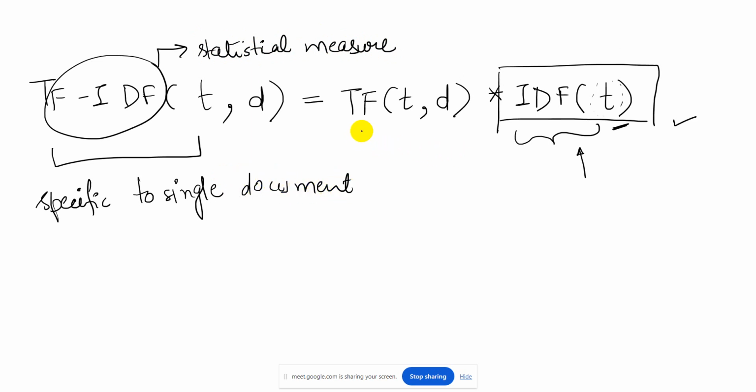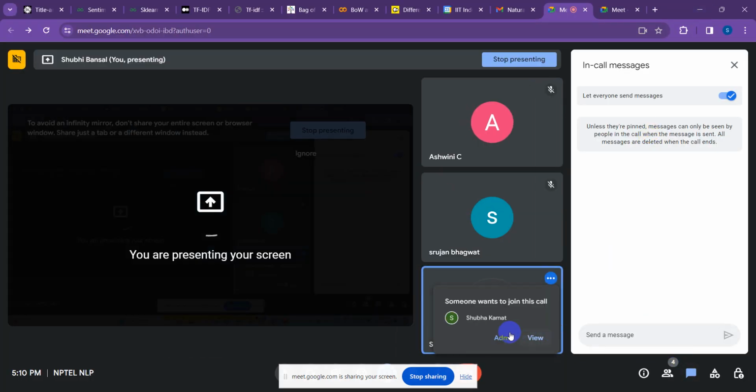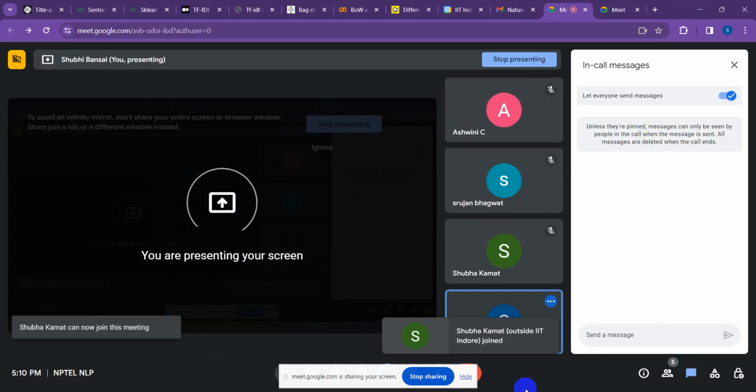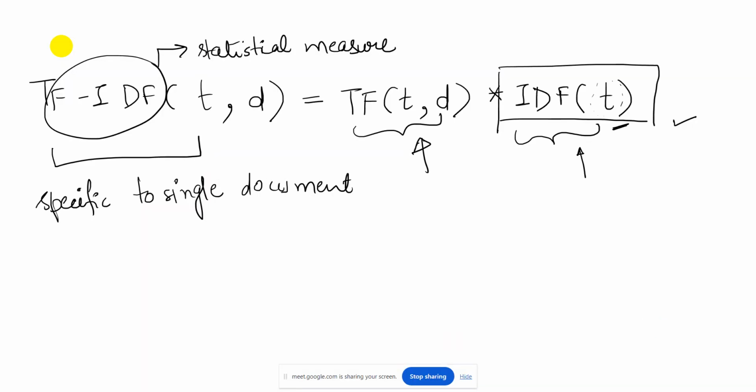However, this value TF keeps on changing, but the IDF value remains the same. So this entire term is specific to a single document. This remains the same over the entire corpus for a given term T.